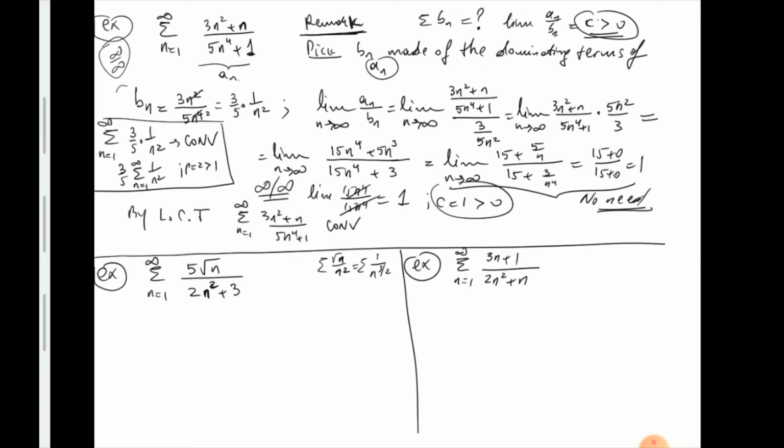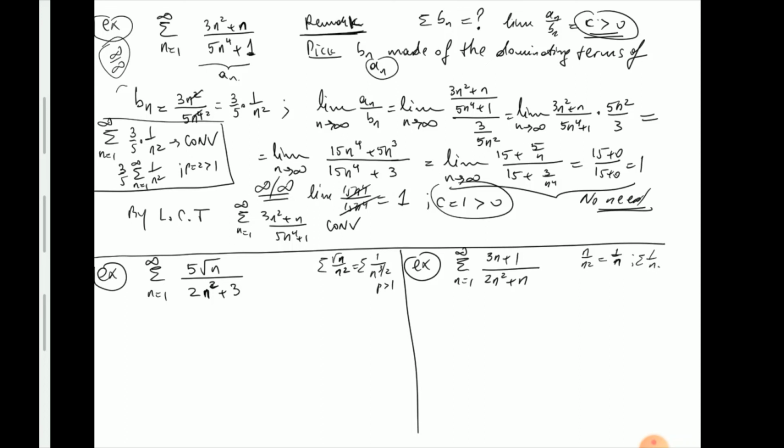So this will be like a p series with p greater than 1. I could tell from the beginning that it is going to be convergent. It's just a matter of giving the argument via the limit comparison test. If I'm looking at the second example, the dominating terms compare to summation of 1 over n, which I know is divergent. It's just a matter again of showing the whole thing with the limit comparison test.